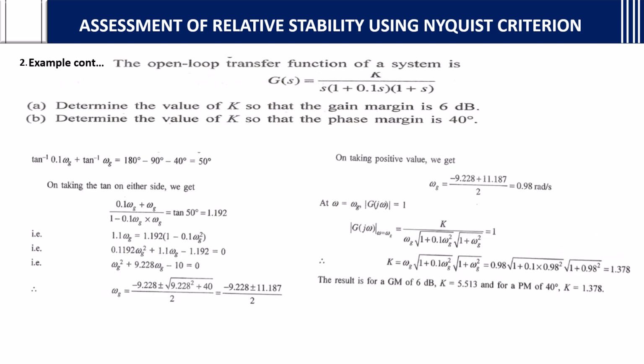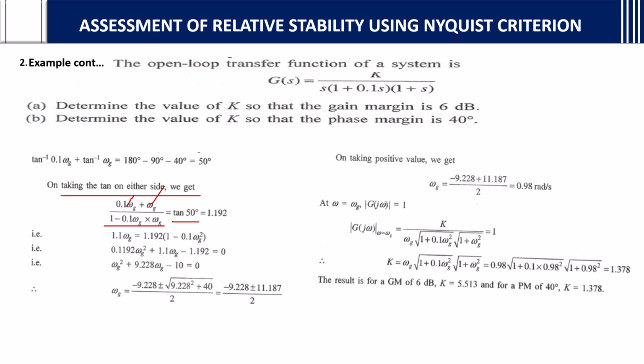After that, take tan on either side. It is in the form of tan of A plus B, which means tan A plus tan B by 1 minus tan A tan B. As it is tan inverse and you are multiplying by tan, tan and tan inverse will get cancelled. Here you will get tan 50.